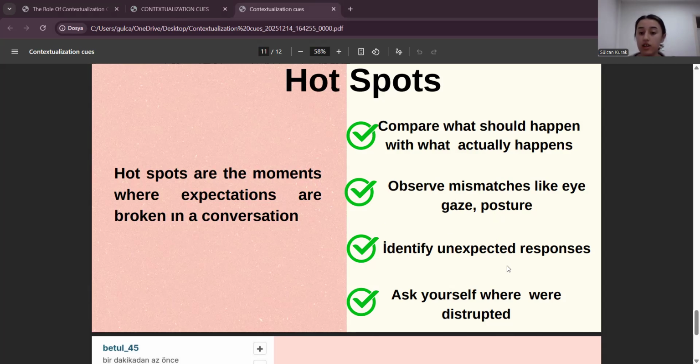Identify unexpected responses and ask yourself where things were disrupted. This will help you to organize the classroom interaction and it will help the teacher to have more powerful interaction and actually understand the students more deeply.